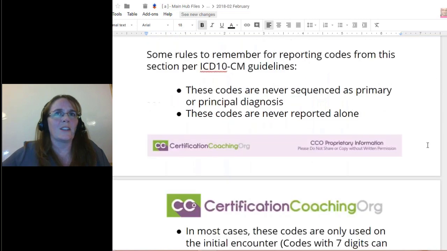When you're coding your external causes, some rules to remember are in the ICD-10 guidelines in the section for external causes. These codes are never sequenced as a primary or principal diagnosis, nor are they reported alone. You're always going to have your injury code as your primary diagnosis.